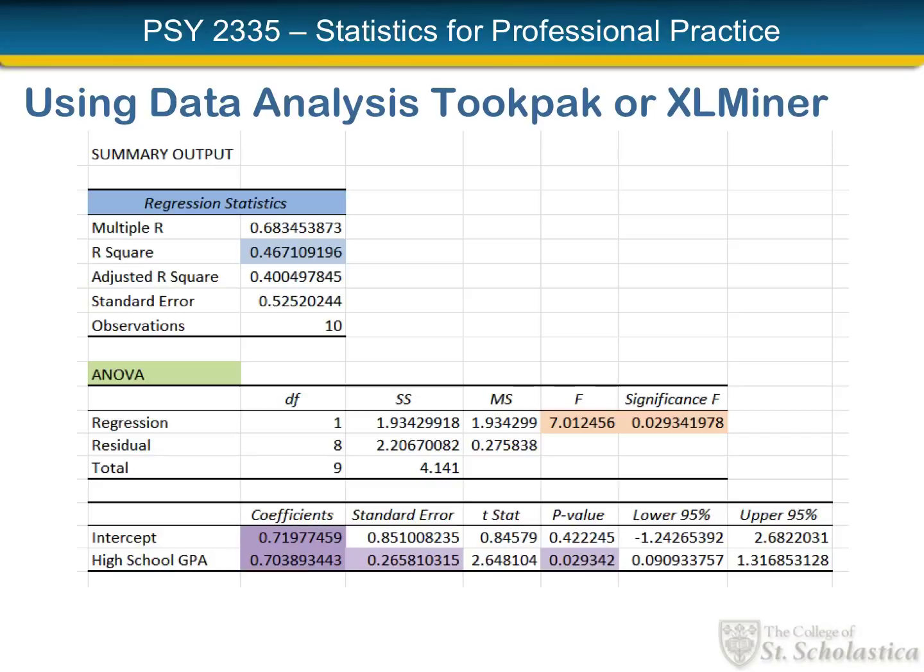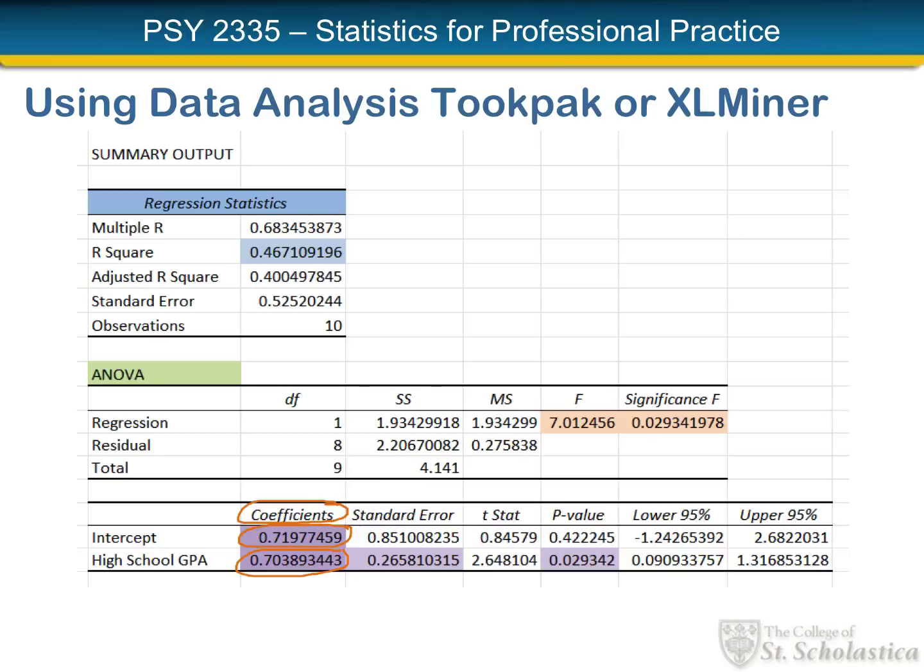After I've clicked OK, I get quite a bit of output from the regression part of the analysis tool pack, and we're going to look at it in different parts. The first thing I want to look at are the coefficients. These are the slope and the intercept that we computed in such great detail by hand when we were working with it in the first video.